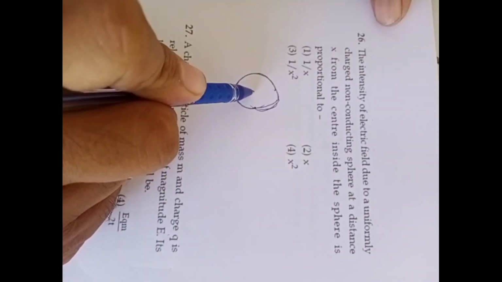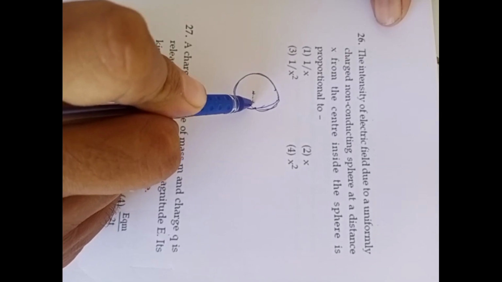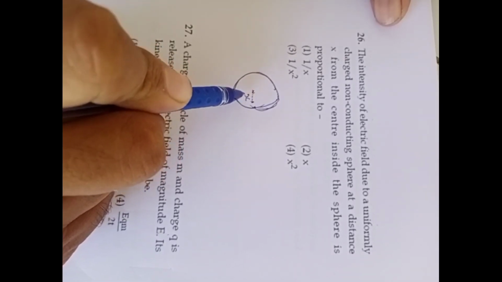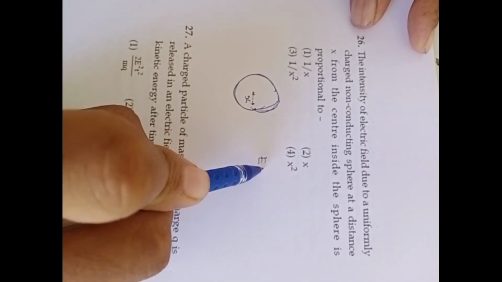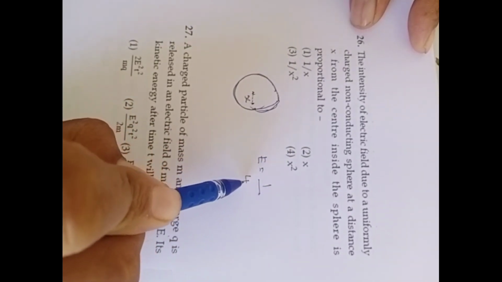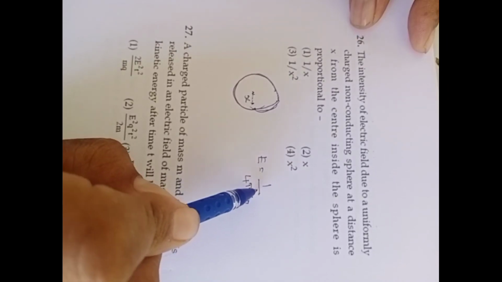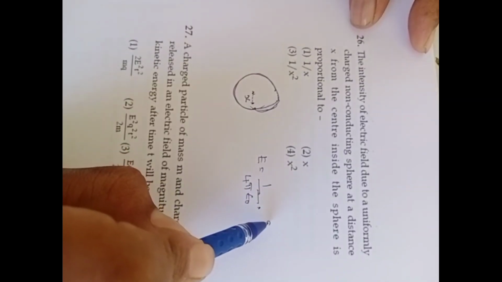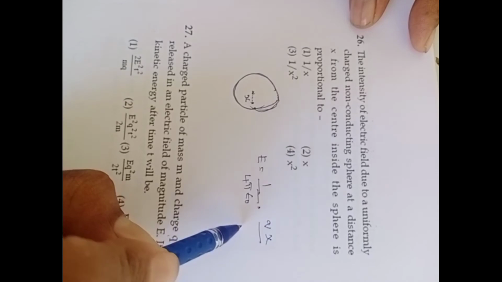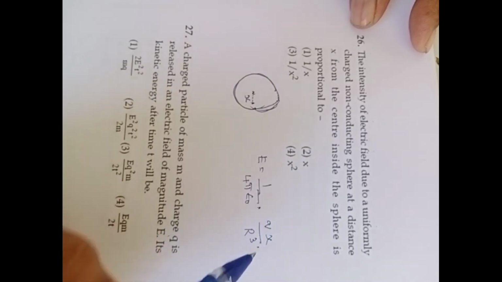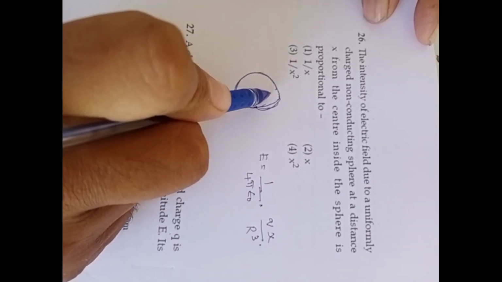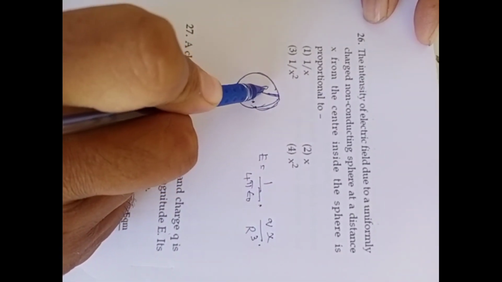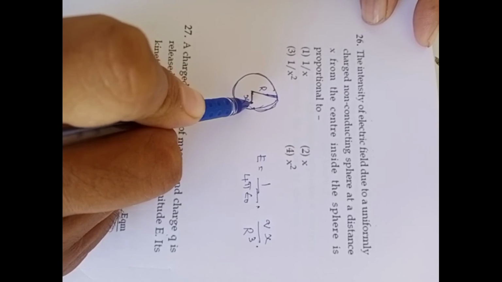So this is the center, at a distance of x inside the sphere. Electric field intensity formula is 1 by 4 pi epsilon naught q into x by r cube. x is the distance, r is the radius. This is radius up to here only.